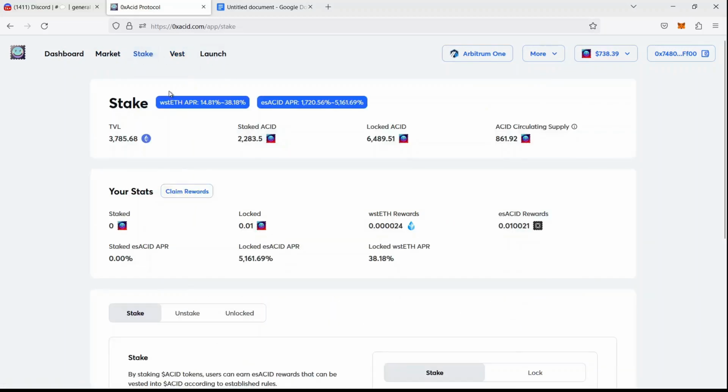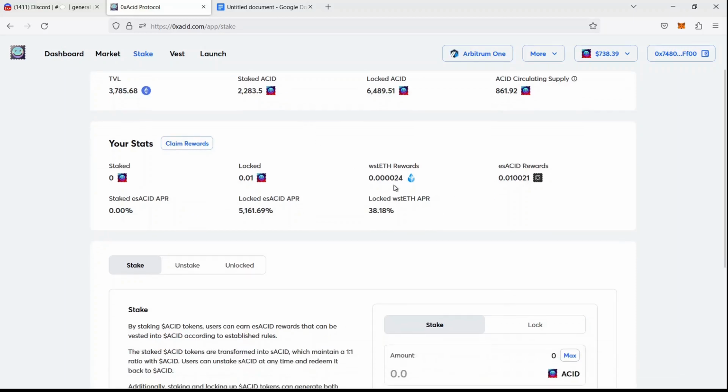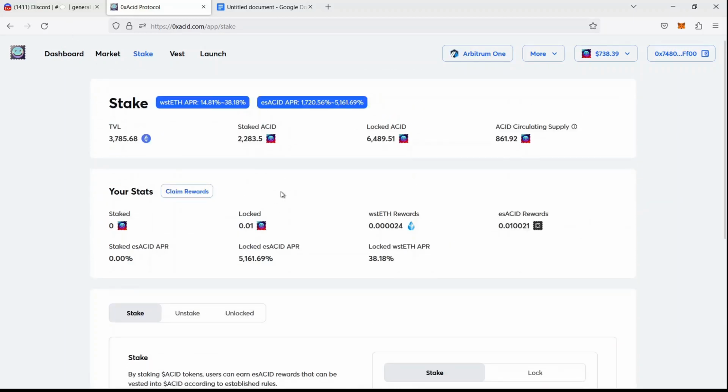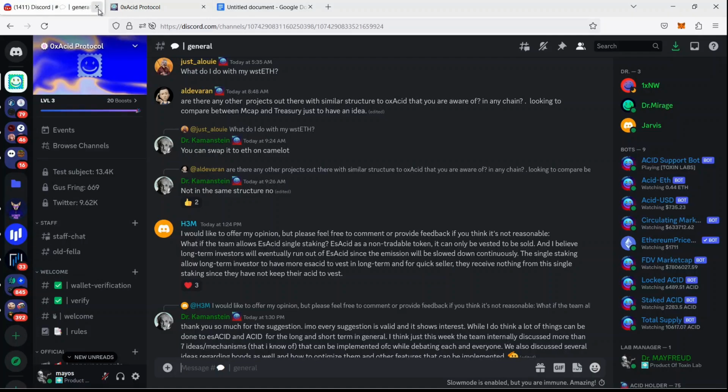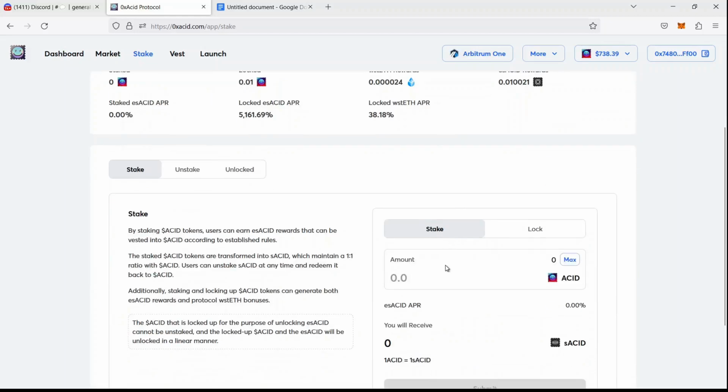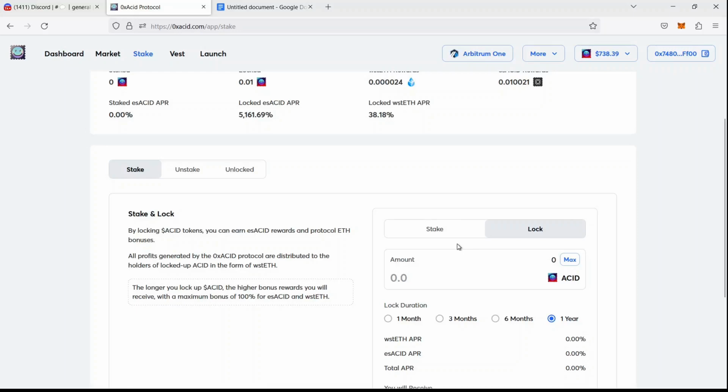Moving on now to the staking page, there's two things that you need to know here. Once you got your ACID tokens, you are able to either stake them or lock them.